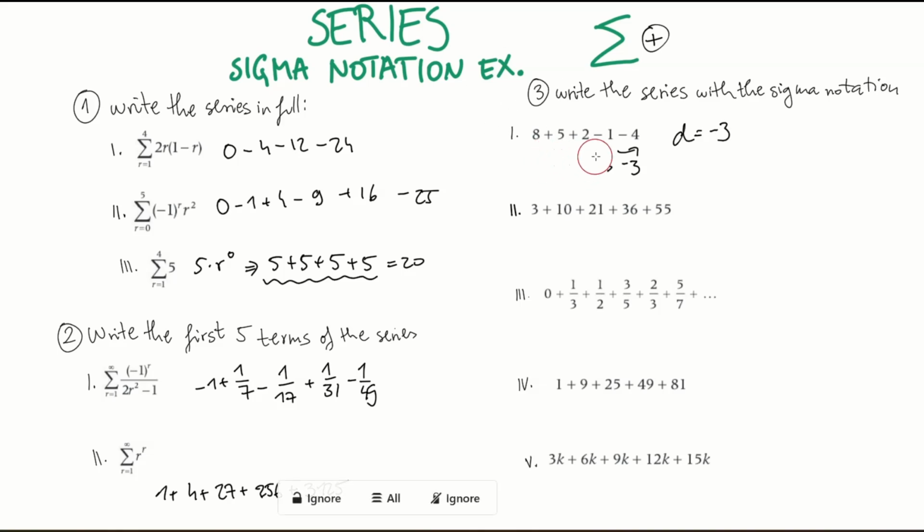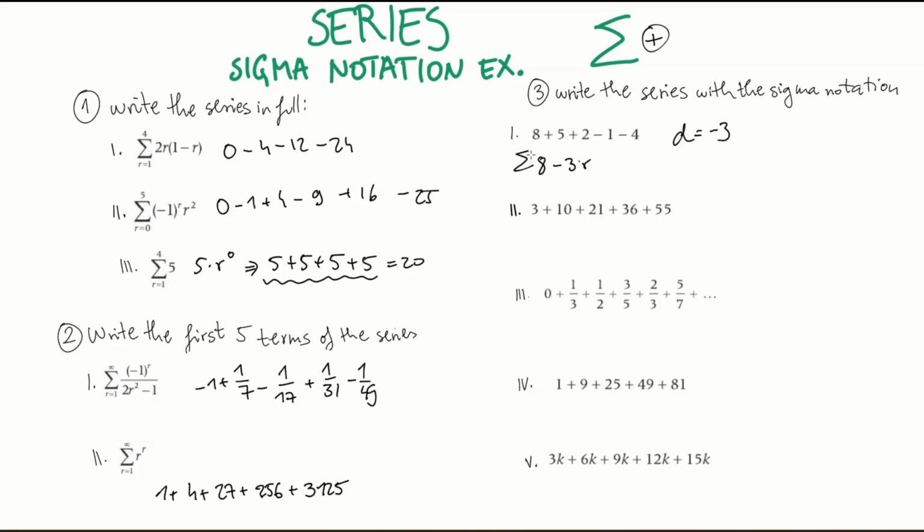And I just now need to write this down using the sigma notation, and it's easily done. I will write it as 8 minus 3 times r, because we can see that the number we decrease 8 by increases with every term.